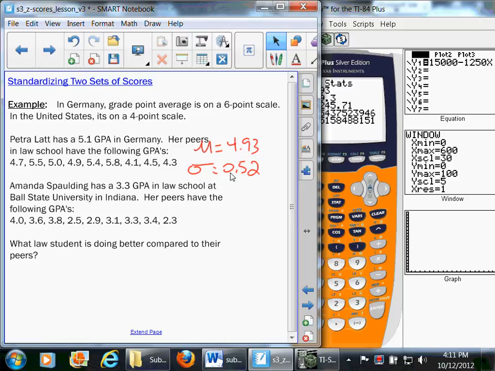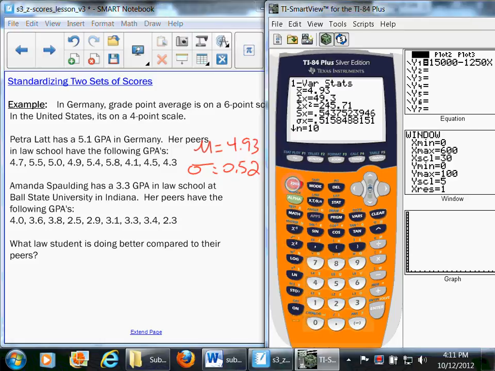Now we want to do the same thing for Amanda. So we go back here, second mem, clear all lists, option 4, bam. Now we go to our list, so stat, enter, and we start entering.